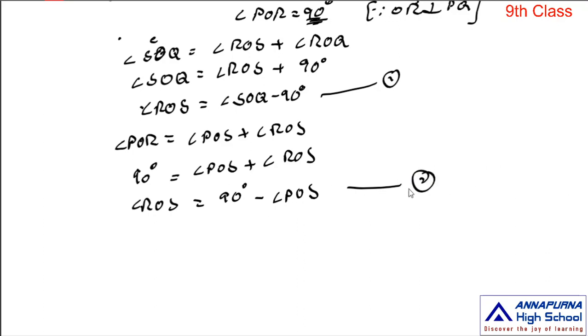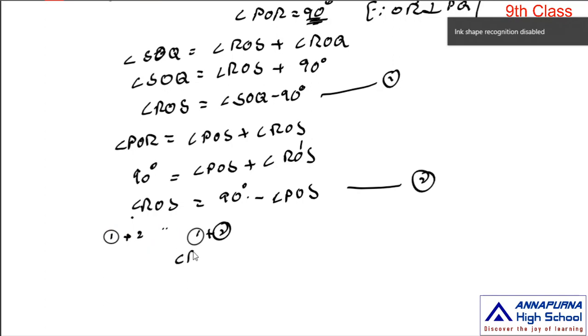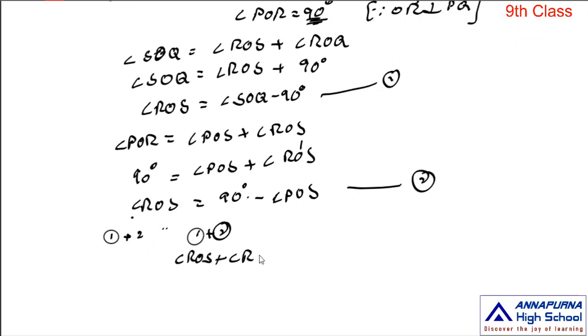Observe equations 1 and 2. The left hand sides are the same angles, so the right hand side parts are equal. There is no use in equating the right side parts, so adding equations 1 and 2. Therefore, angle ROS plus angle ROS is equal to angle SOQ minus 90 degrees plus 90 degrees minus angle POS.